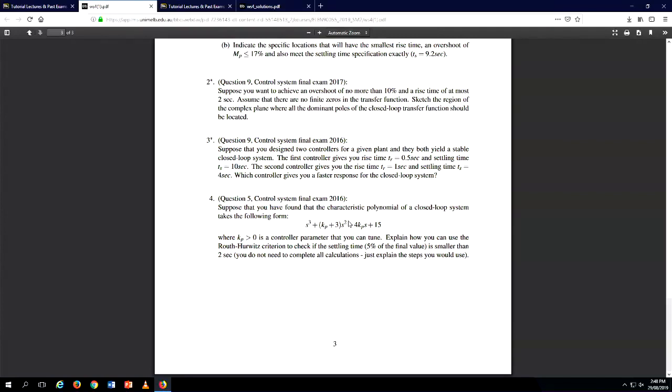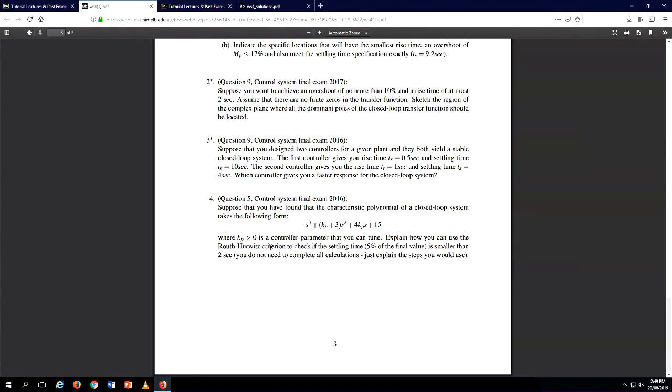So there's a controller that depends on a parameter Kp, there's a plant, maybe in a feedback loop, you found the transfer function for the full system, and in the denominator of the transfer function you get this polynomial. So now obviously, depending on how you choose Kp, you will have different zeros of this polynomial, which are actually poles of your transfer functions.